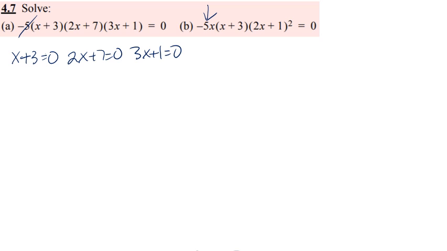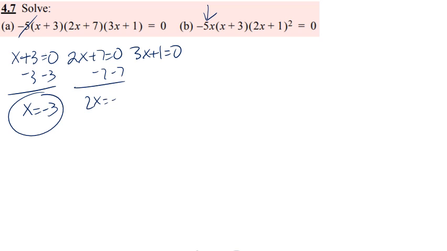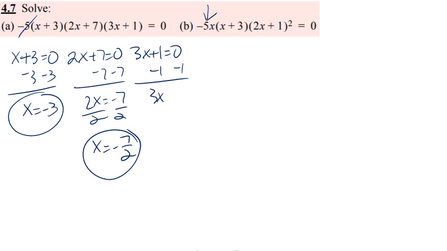And then I'm going to solve each one. Okay, and then the last one, notice this one has 2x plus 1 squared. If I were to expand that, I would end up with the same x answer, so we don't have to write it twice.